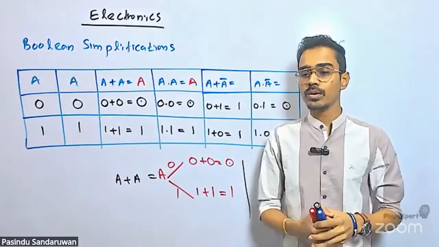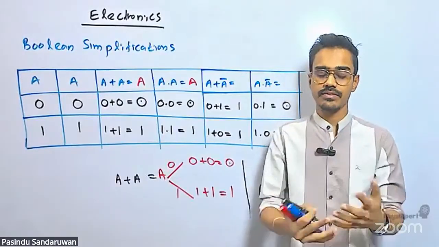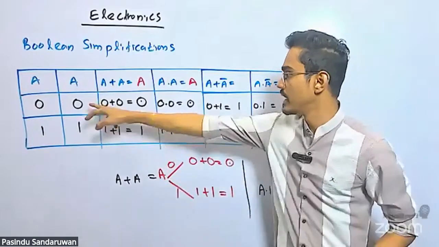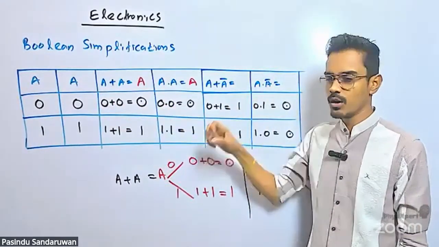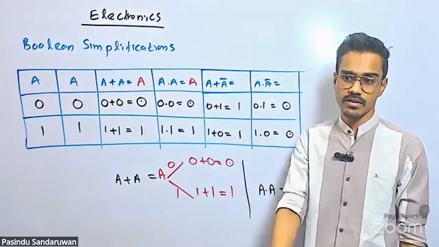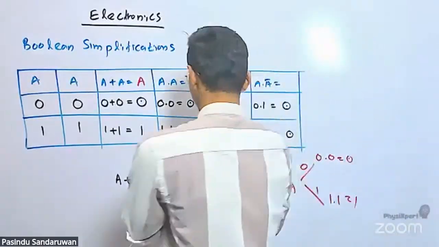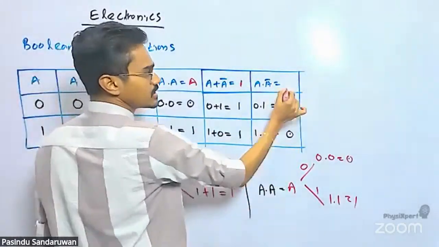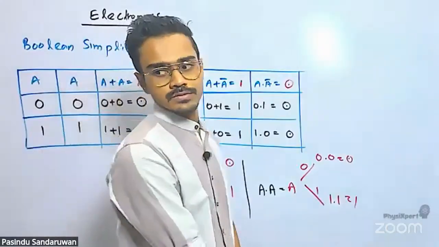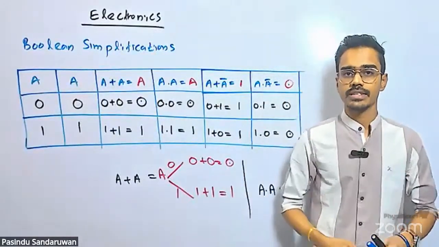The world of a Boolean expression is binary. Then when A is 0 also, this is 1. When A is 1 also, this is 1, which means forever this is going to be 1. Forever this is 1. Then this is always 1. Right? So similarly, forever this is 0. Got it?